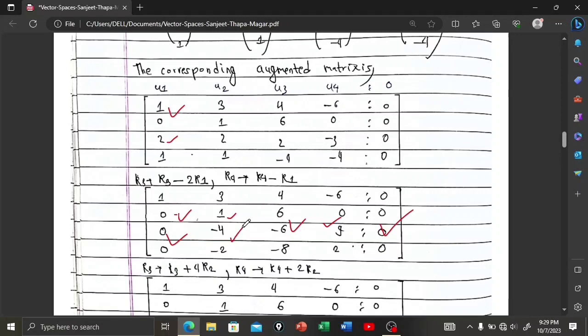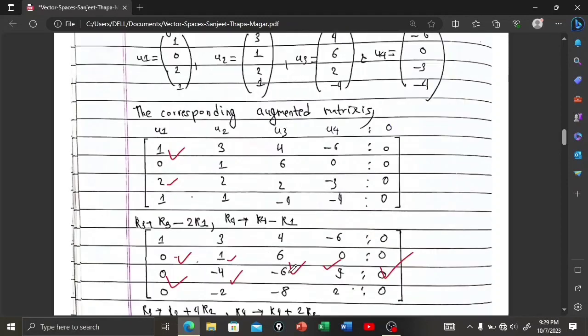R3 is 2, R1 is 4, so it is minus 6. Next R3 is minus 3, R1 is minus 6, so it is 9. Finally 0 and 0, so it is 0. Now R4 minus R1: 0, 1 minus 3 is minus 2, minus 4 minus 4 is minus 8, minus 4 plus 6 is 2, and here 0.